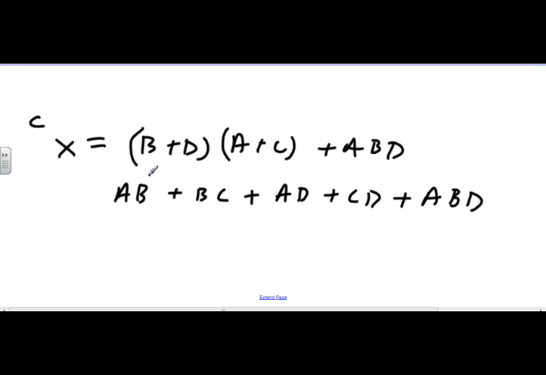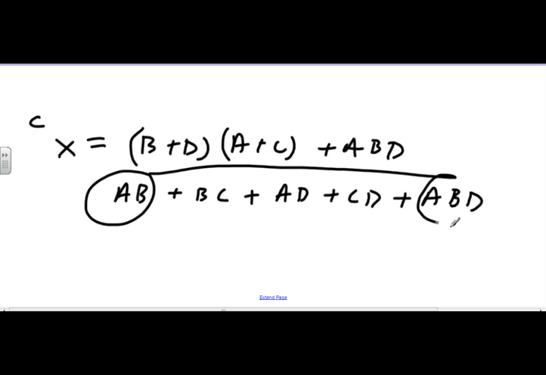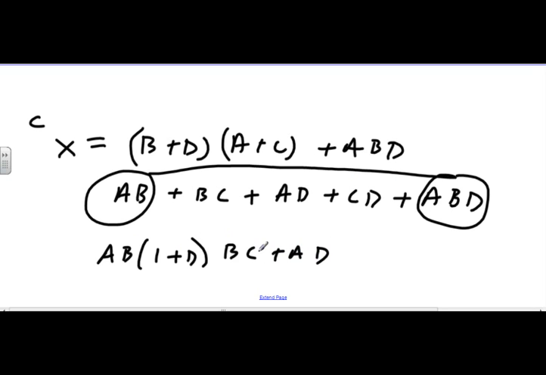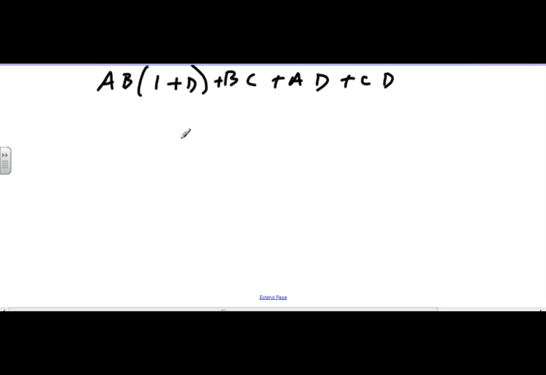I'm going to look at this guy and that guy first, and I'm going to see A, B, 1 or D. BC, AD, or CD. All right, so I've got AB or BC or AD or CD. And I look at that and say, what am I going to do with that?